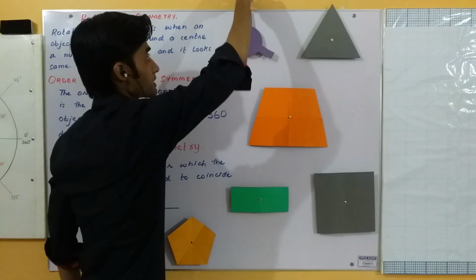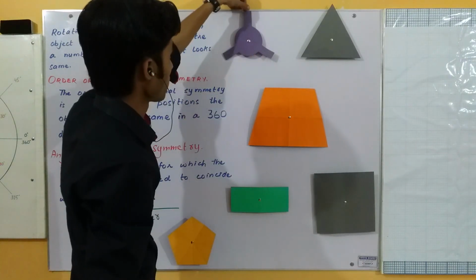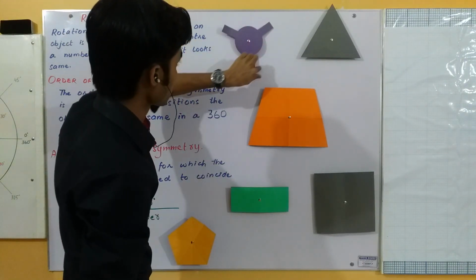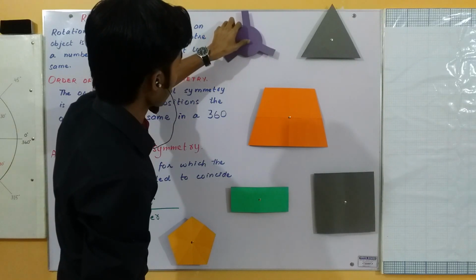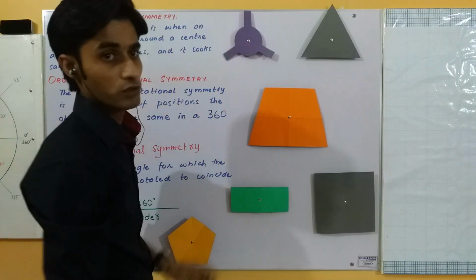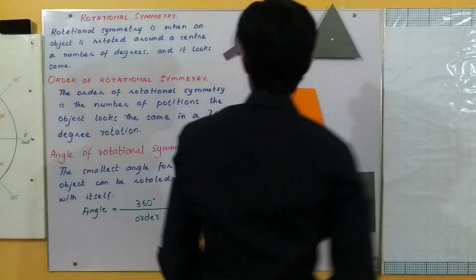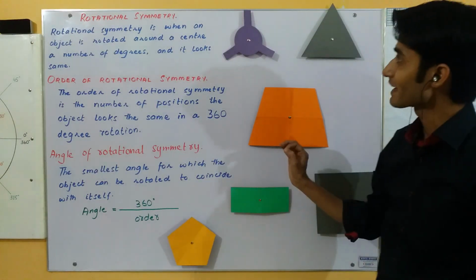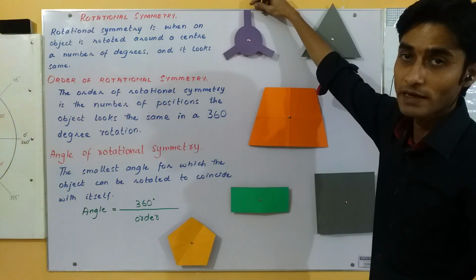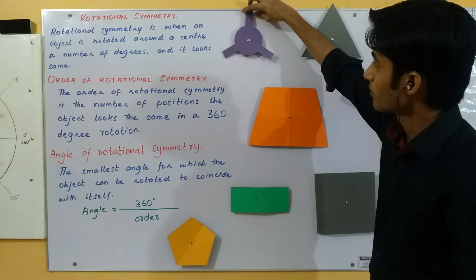I hold the top and then start rotating it and then bring it back to its original position. This is one complete rotation. So you only have to be very careful about the number of times it looks exactly the same.